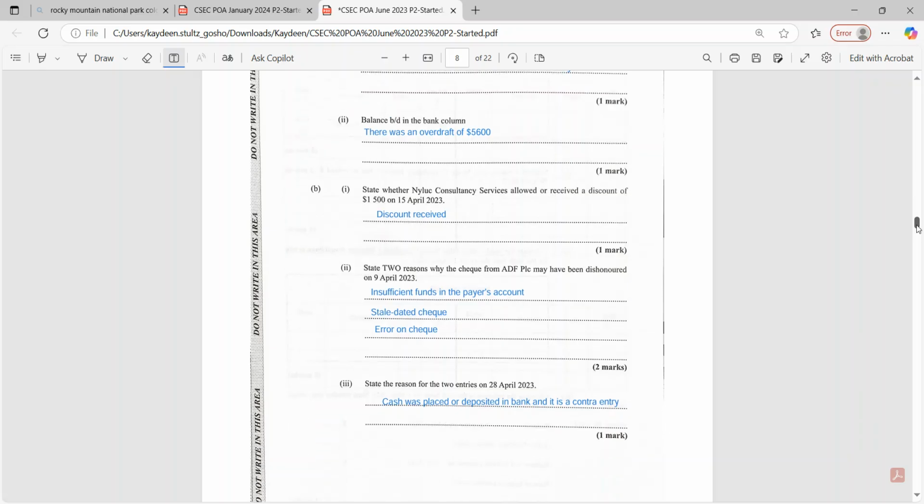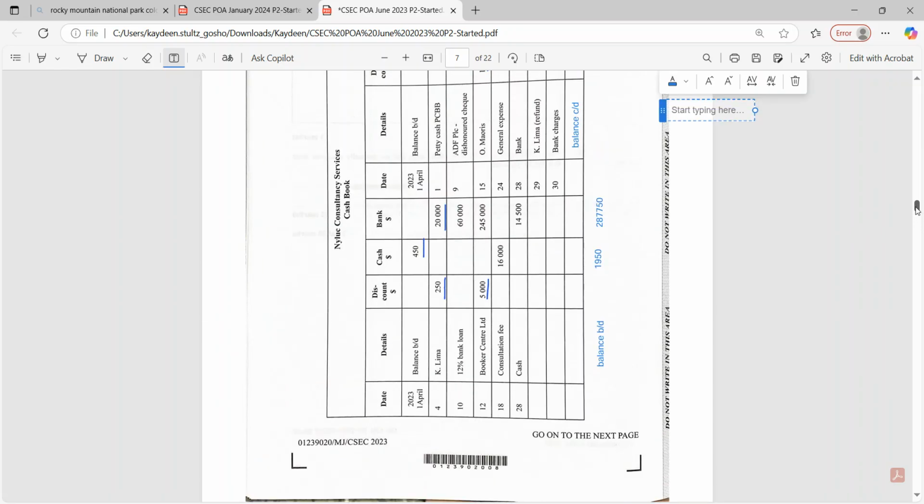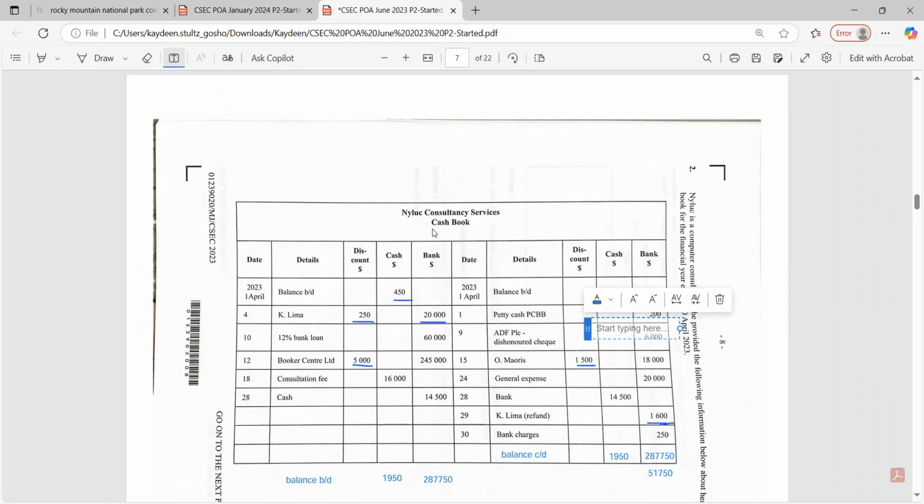State two reasons why the check for ADF PLC may have been dishonored on the 9th of April 2023. Again, we can scroll up and look at it for ourselves. The 9th of April 2023, we sent some money to ADF, $6,000, but it said dishonored check.